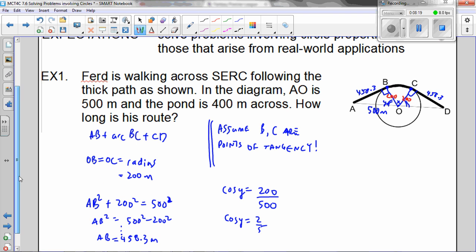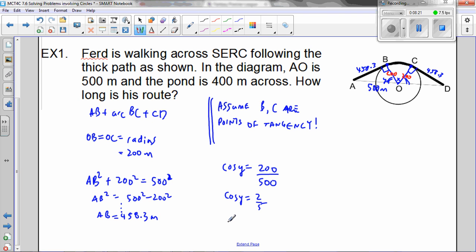And do the inverse cos of that. A little trig review. Note to self, start studying for the exam. And I get that that angle is about 66 degrees, around.